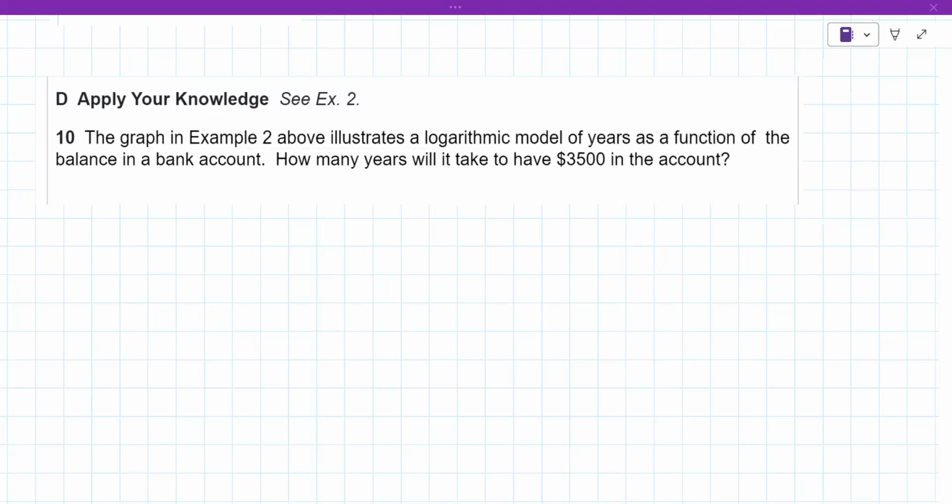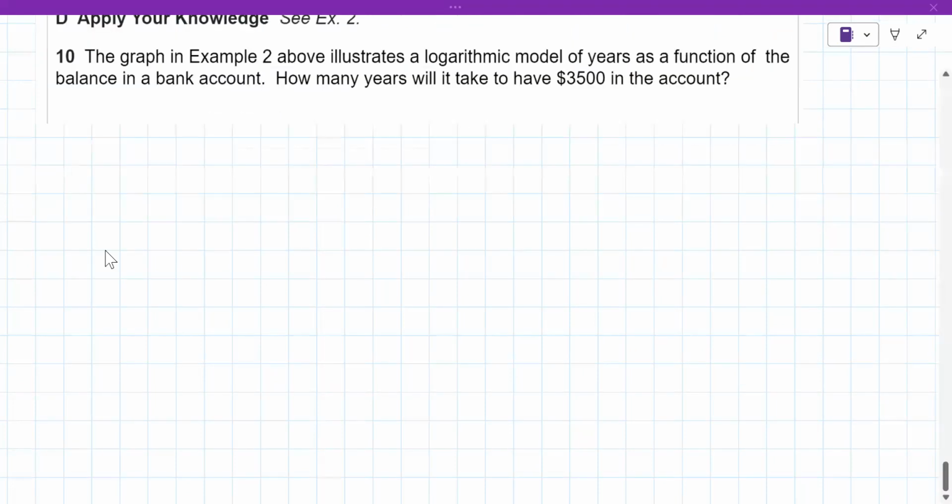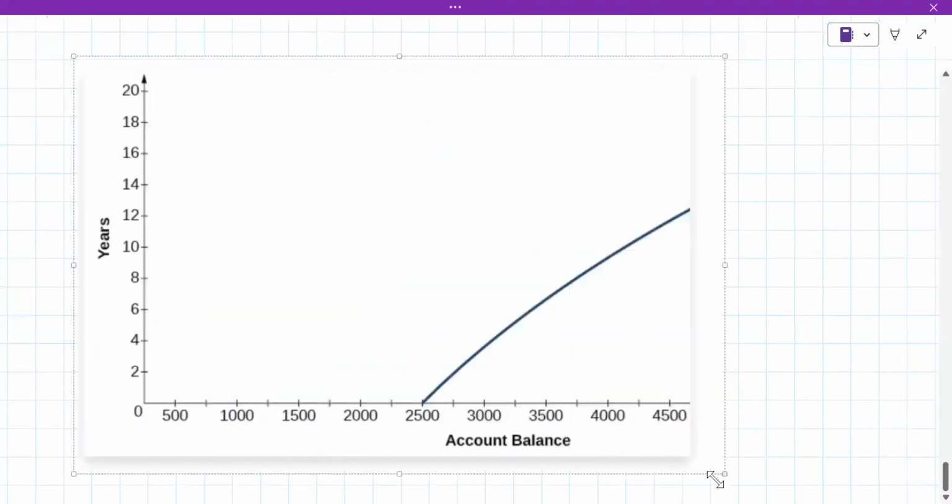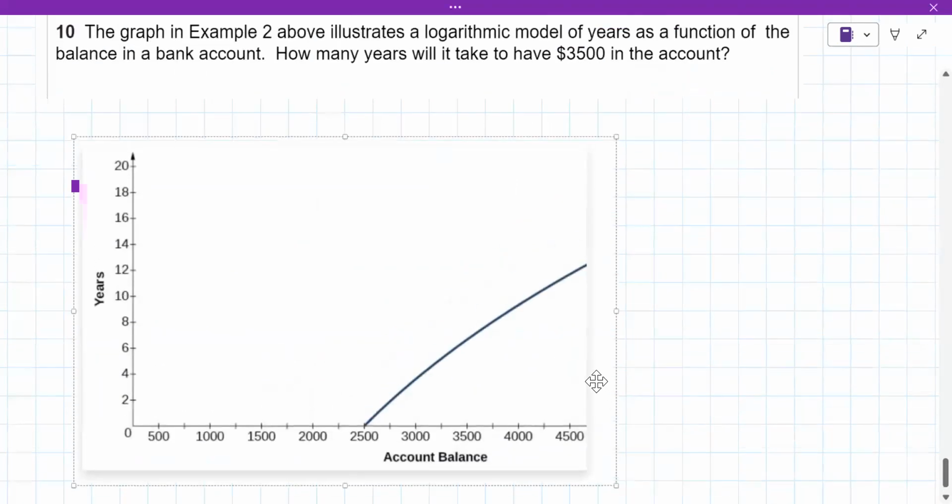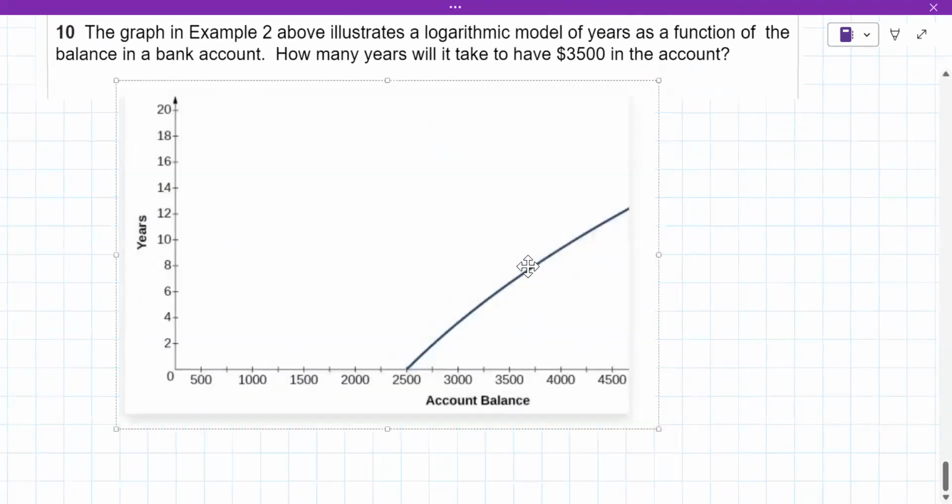Oh, that's all they give you. I need a new page. Okay, all right, so they give you this graph in example 2. And it says how many years will it take to have $3,500 in the account.